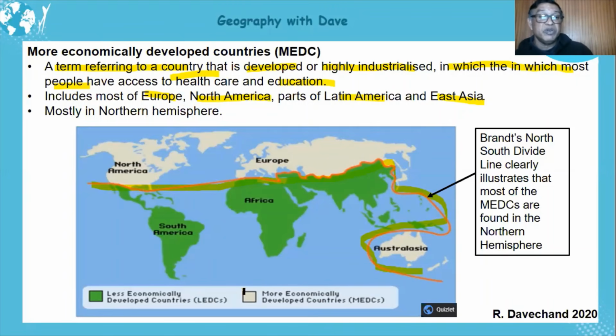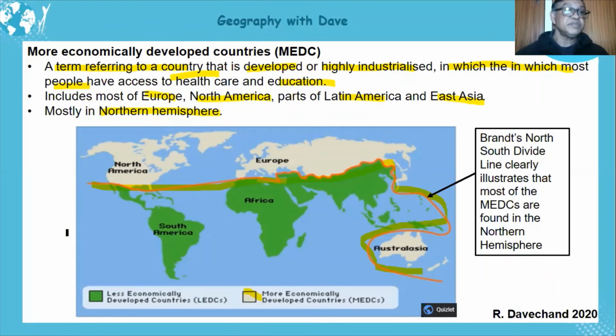The more economically developed countries are here and less economically developed here. There may be in between some countries that are more economically developed, or newly industrialized countries. But generally this is the trend that Mr. Brandt has shown us in his line. So we can say that most of the more economically developed countries are found in the northern hemisphere.